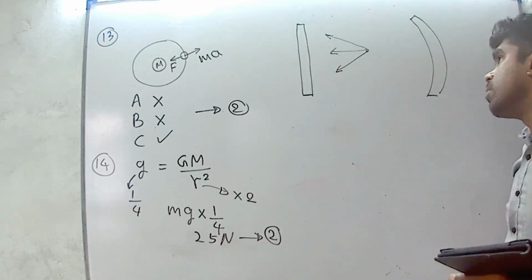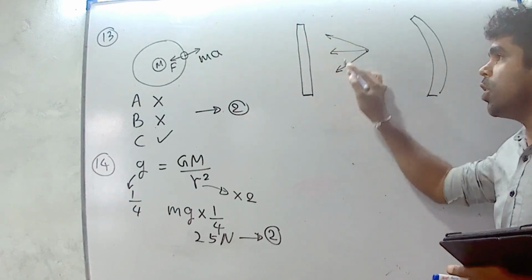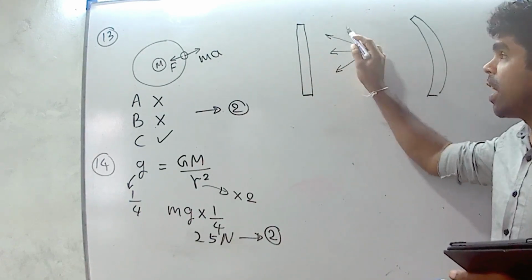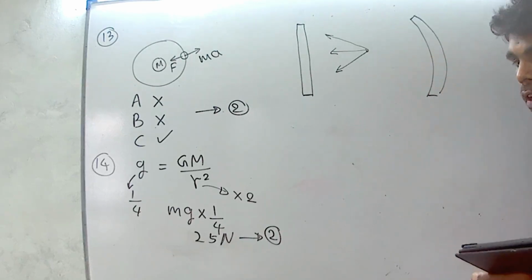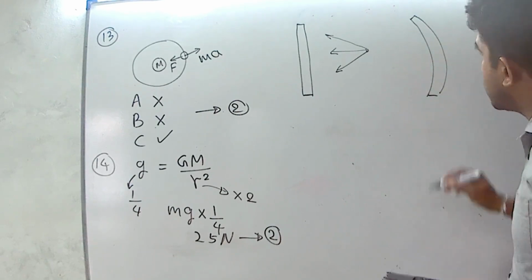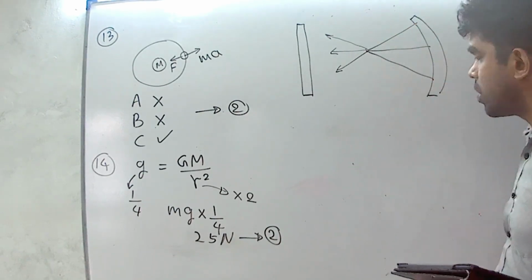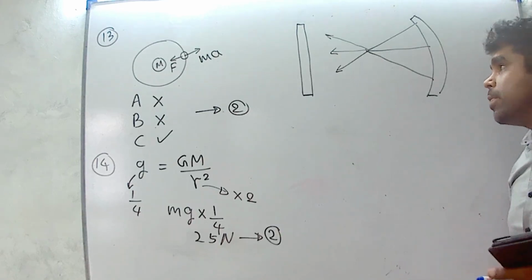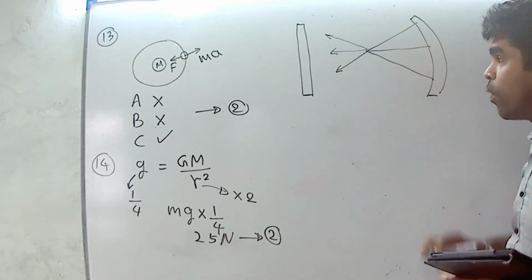Therefore, the gravitational force in this direction should be less than the gravitational force in this direction. But because of this, the distance is constant always. But we have to consider components of this gravitational force.